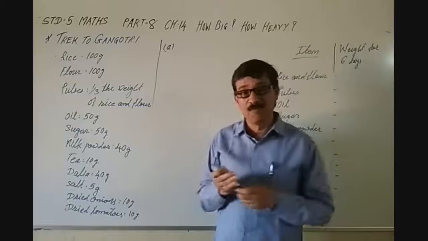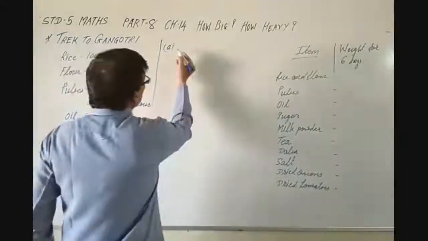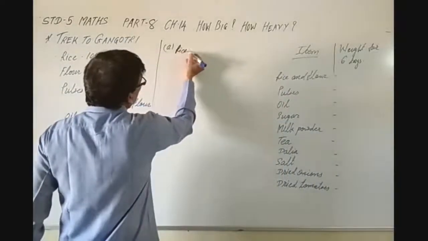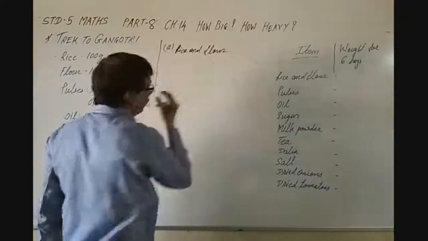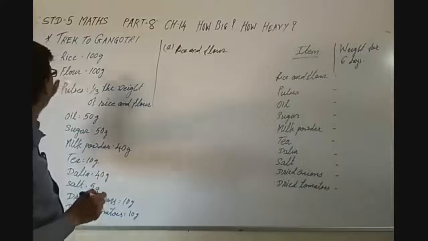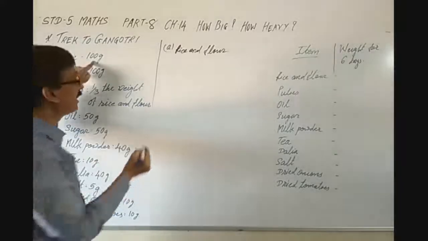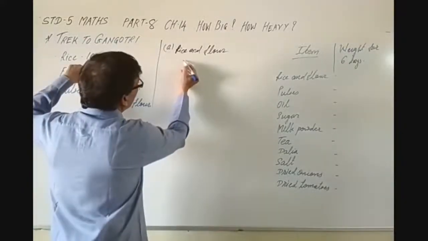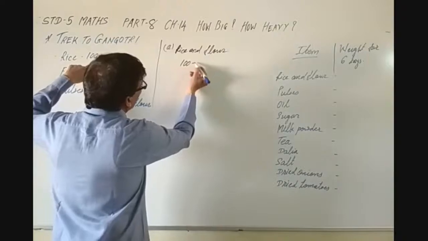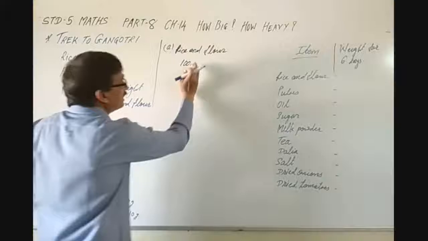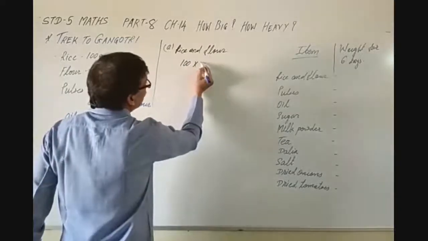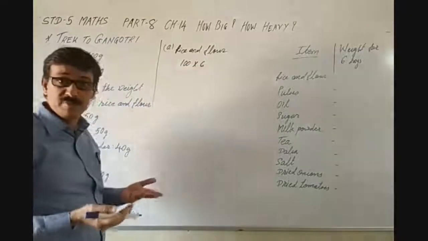So rice and flour. Now for 1 day, rice is required 100 gram, and this is for 1 day. So for 6 days it will be required 6 times, isn't it?